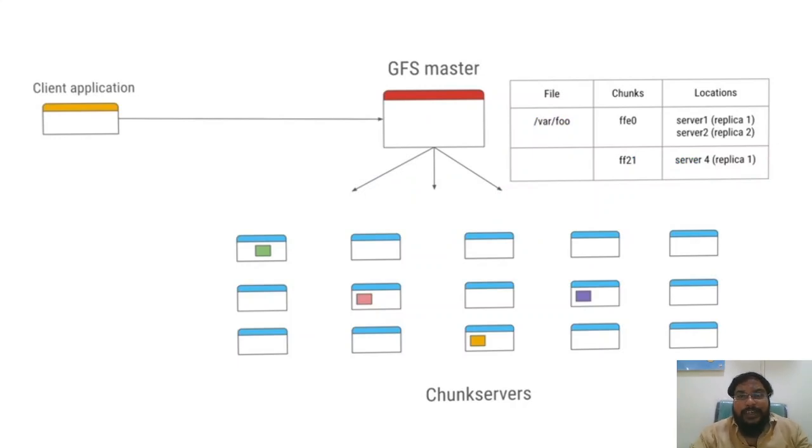And here, if you look at the concept, we have a GFS master. That is, the Google File System master, which maintains the data regarding the chunks, that is, the metadata. Metadata we call data about data. That is, which chunk is stored in which server.